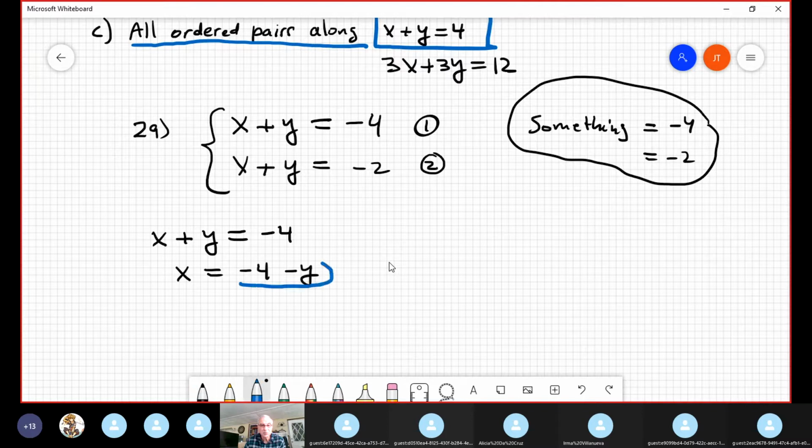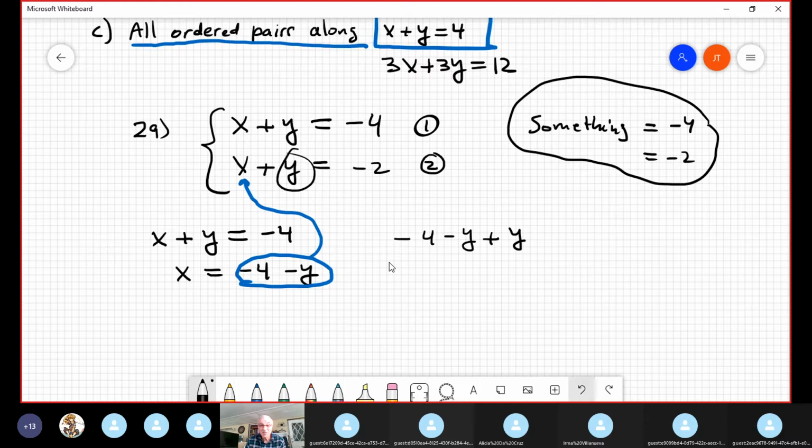And substitute this expression into the other equation. So there's no x anymore, it's -4 minus y plus y, equals -2. And a similar situation happens, the y cancels out.